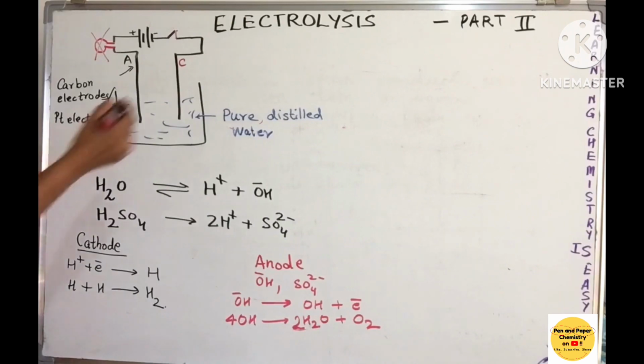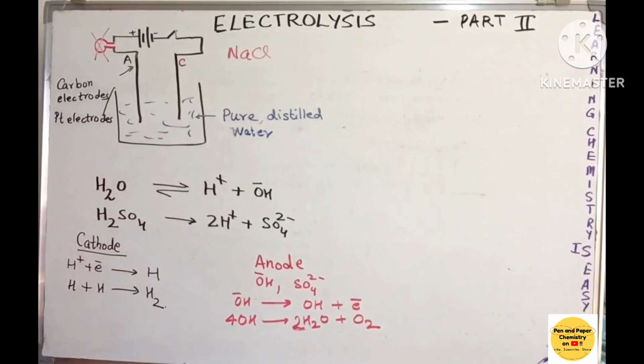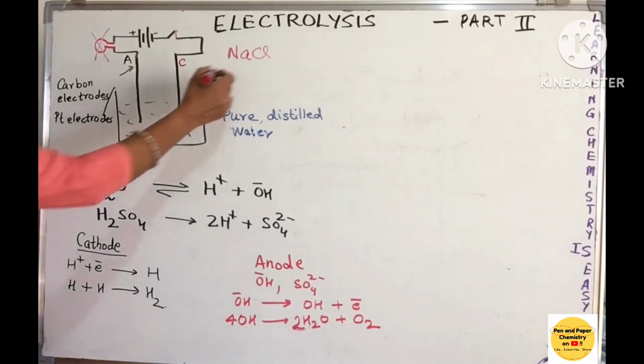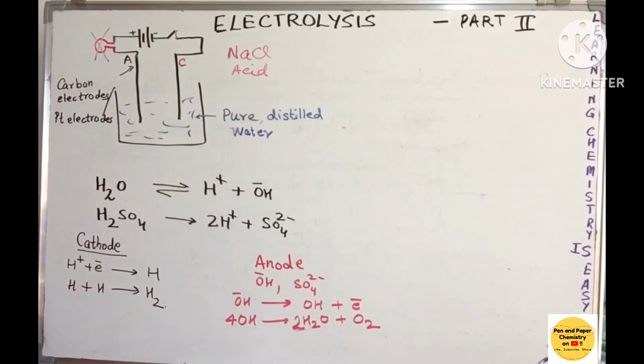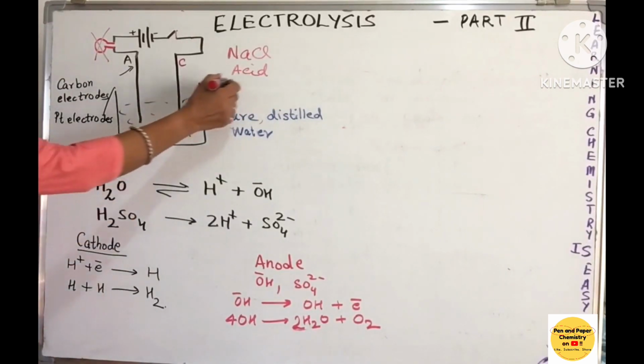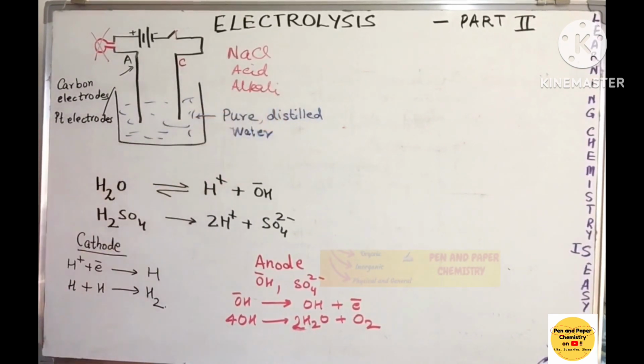We can add any substance which will help it to ionize. It can be a salt like sodium chloride. It can be an acid like hydrochloric acid or sulfuric acid. It can also be an alkali like sodium hydroxide, potassium hydroxide.